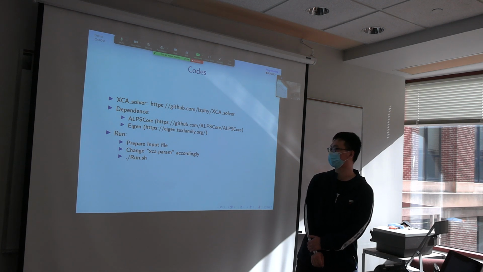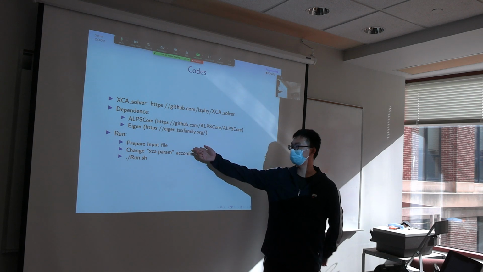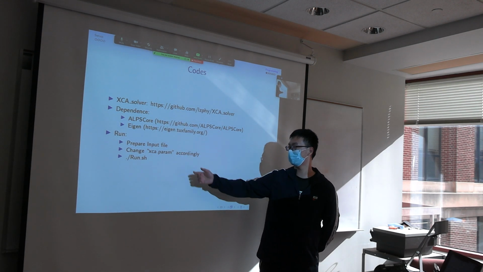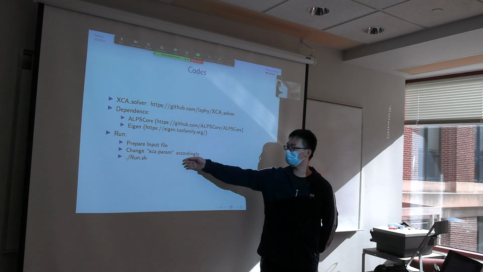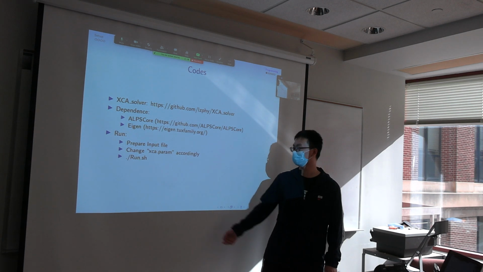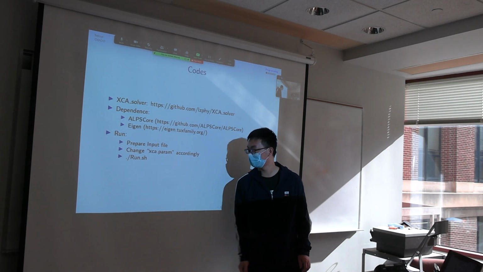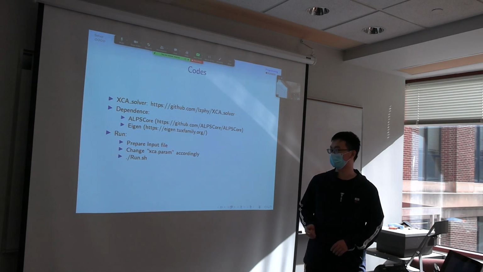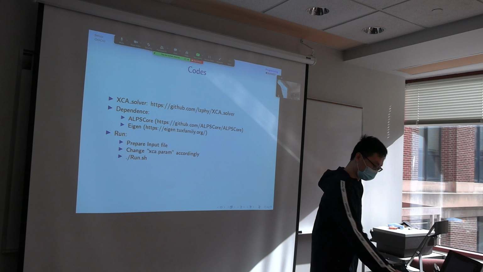To run my code, you only need three steps. Step 1, prepare the input file, which I will introduce later. Then change the input parameters accordingly. Finally, run this shell script, which uses CMake and make to build the project and then runs this code.